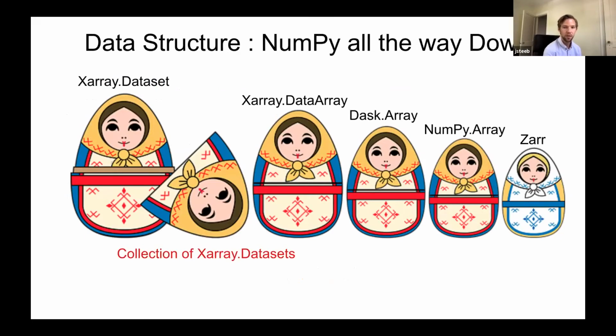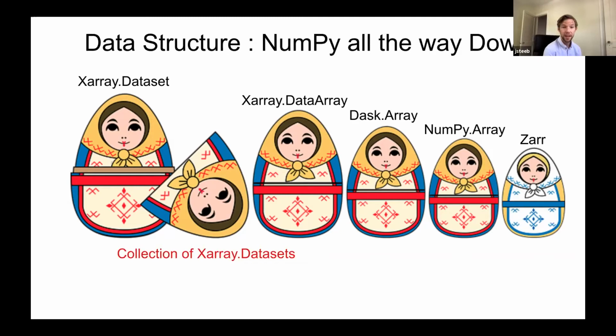But if we start on the right with my Russian doll example, we've got Zarr, which is on disk, and then when the Zarr chunk is loaded into memory, it's a NumPy array, but we delay it by using a Dask array, okay? And then that is stored within an Xarray DataArray, which gives it labeling.